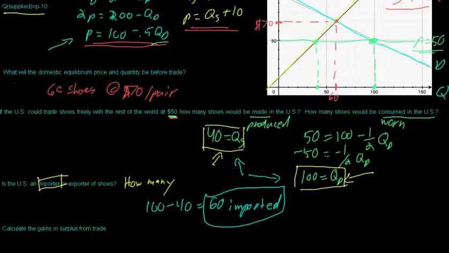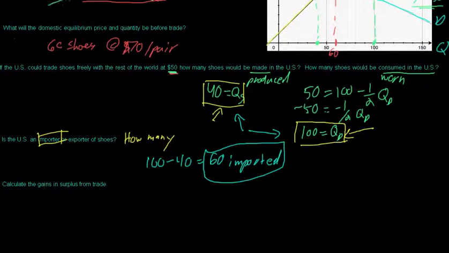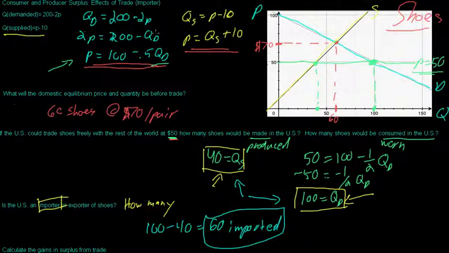And so the last thing that we're going to do is calculate the gains in surplus from trade, from opening up this nation to trade. I'll show you the long way first and then the short way to do this. The long way is to say, okay, consumer surplus pre-trade was this triangle. That was 100 minus 70, which is 30.